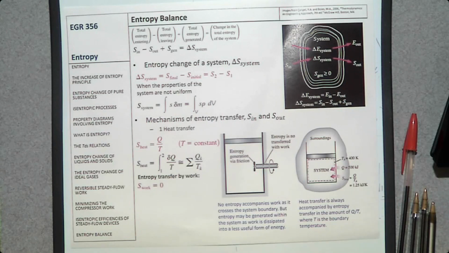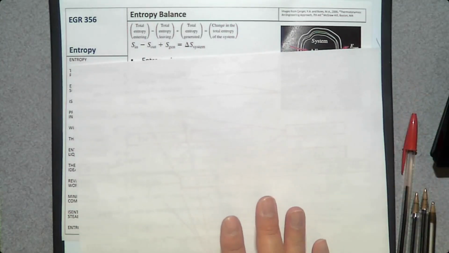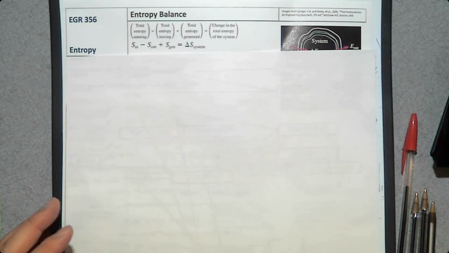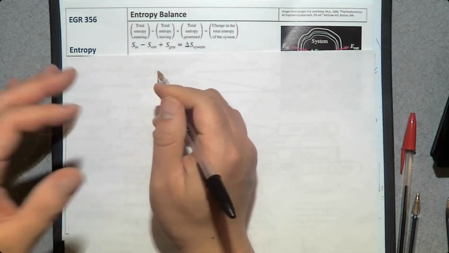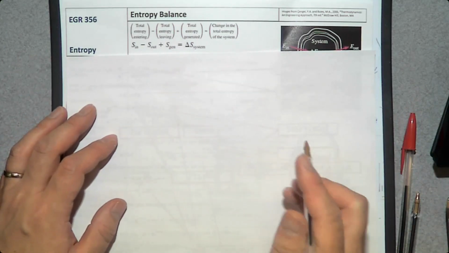Entropy balance is an equation similar to the energy balance equation, but there is one difference between them. In the energy balance equation, we use one principle, which is the conservation of energy principle.